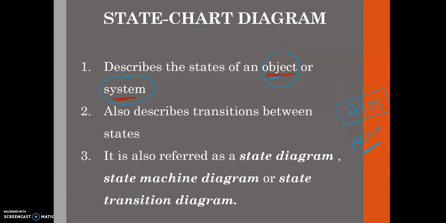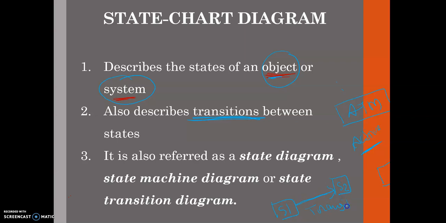Also, it describes the transition between states. What is the meaning of transition? If I say that there is a state 1 and there is a state 2, let me draw here. This is state 1 and this is state 2. If I want to change the state of the particular object, I need to apply some force, and this is called the transition.